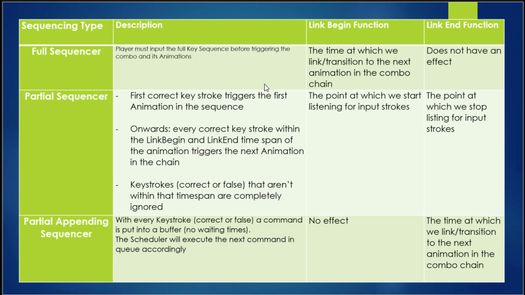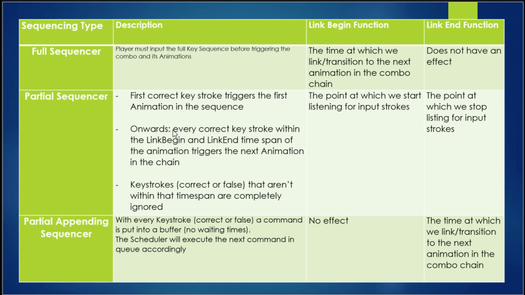If you time your input within this time period, then you will successfully move to the next animation. If you input anything outside this time span, then it will be ignored. And of course, if you input an incorrect keystroke within the time period, it will break the sequence, of course, right?